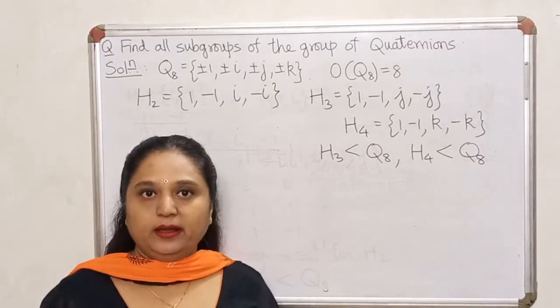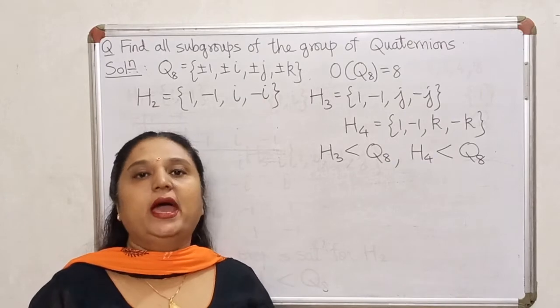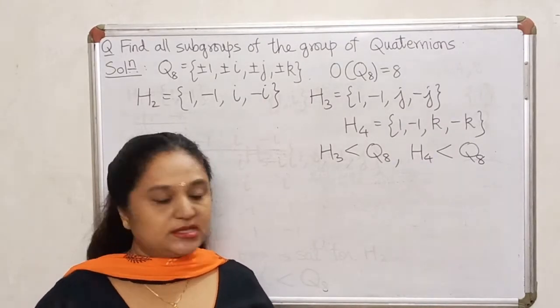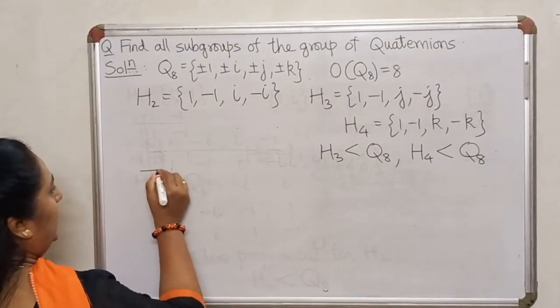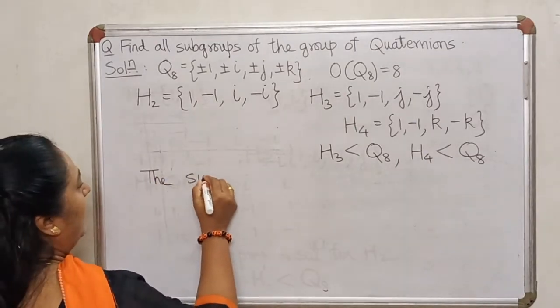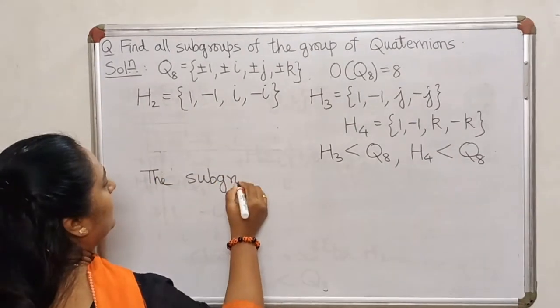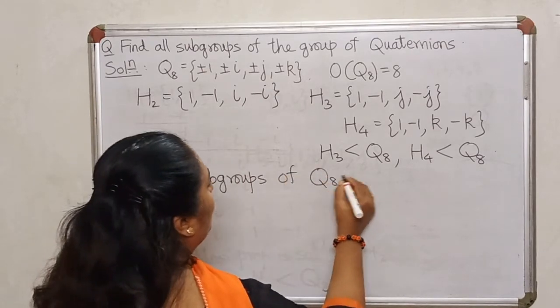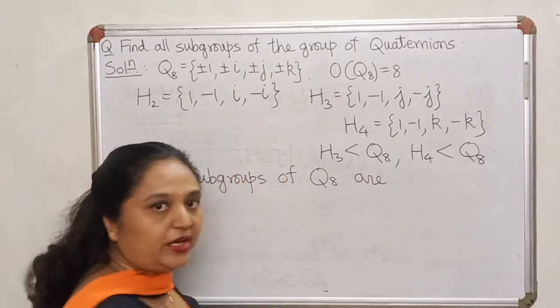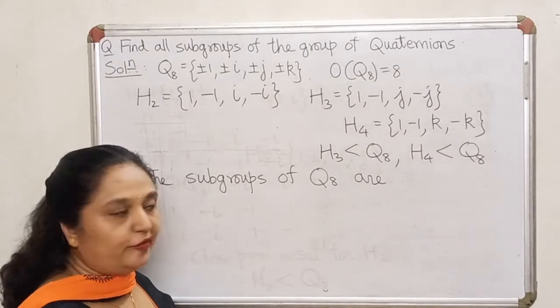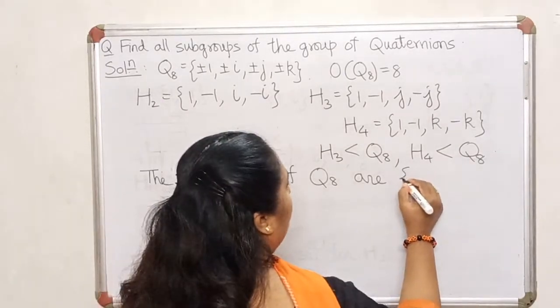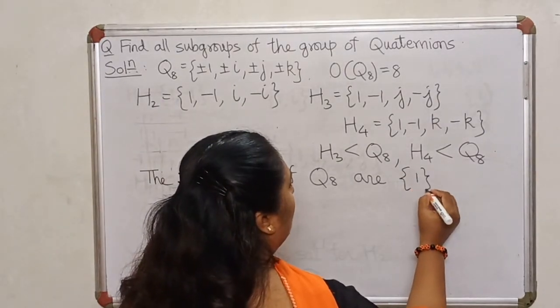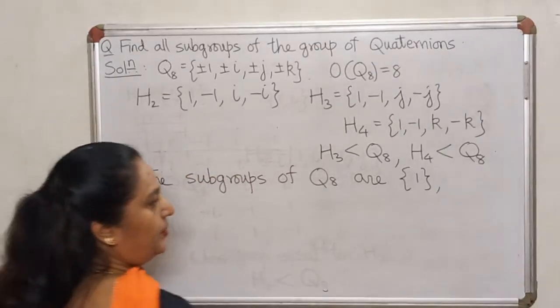So at the end, if I have to summarize and list all possible subgroups of the group of quaternions, then I have the subgroups of Q8. Let me arrange them in ascending order of their sizes. Firstly, subgroup of order 1, which is the trivial subgroup.